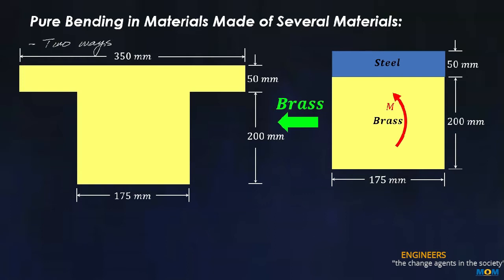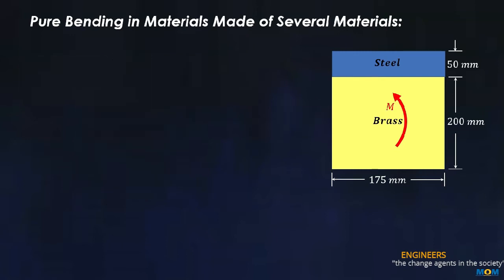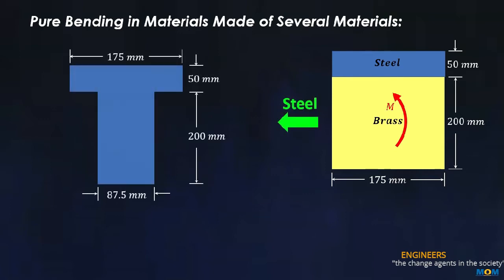So twice the brass is required to make an equivalent strength of the steel, or the other way, that we replace the brass with the steel. In this case, half of the steel is required to replace the brass.